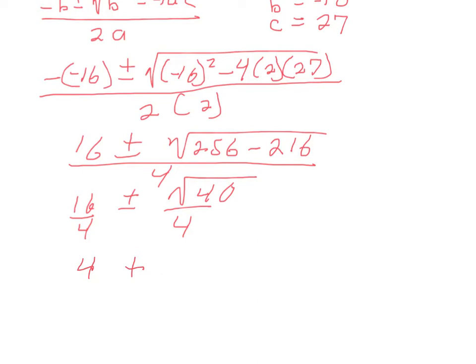So yes, 4 is the perfect square, so that's going to be 2 times the square root of 10 all over 4. 2 goes into here once, 2 goes into here twice, so my final answer is going to be 4 plus or minus square root of 10 all over 2.